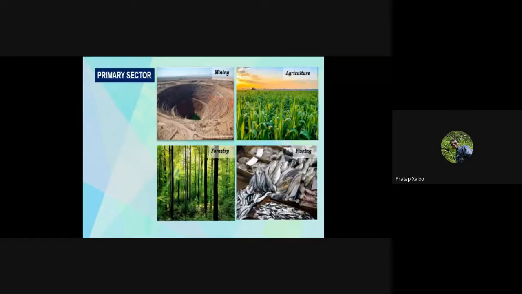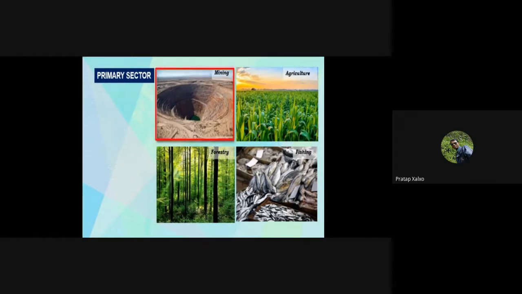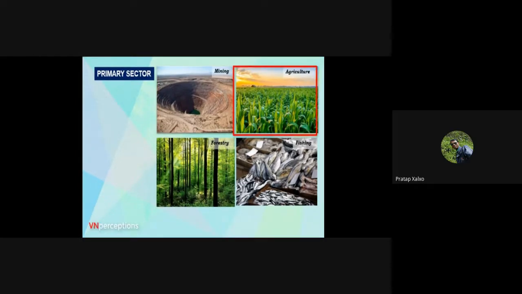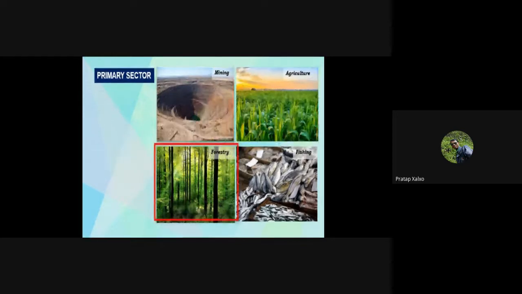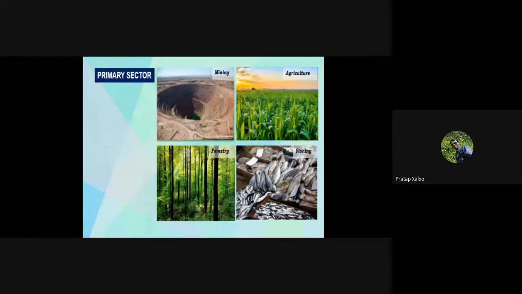So, what about primary sector, which is the first one? This includes many activities like mining, agriculture, forestry, and fishing. In mining, we extract minerals and then it is processed.